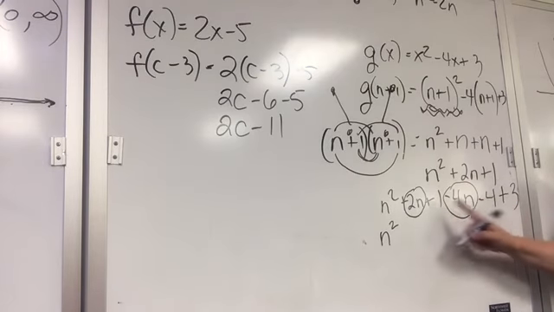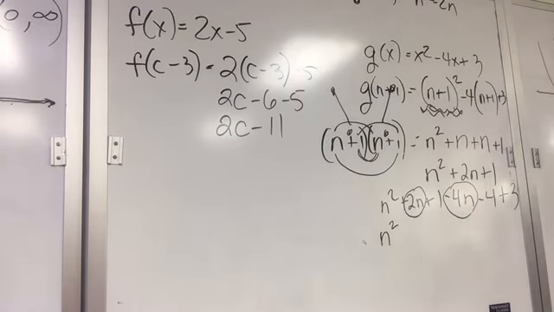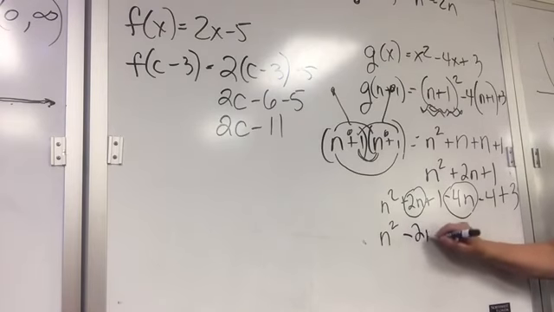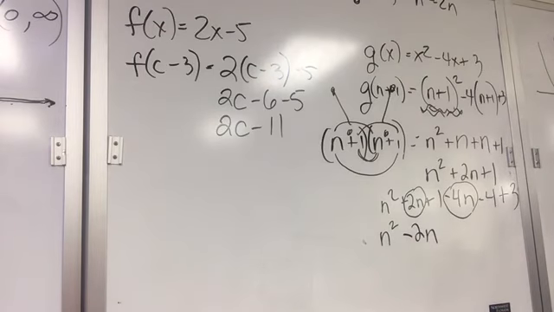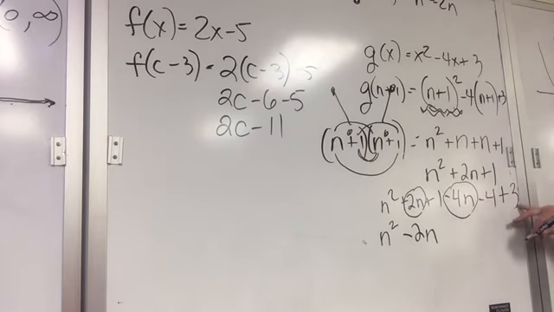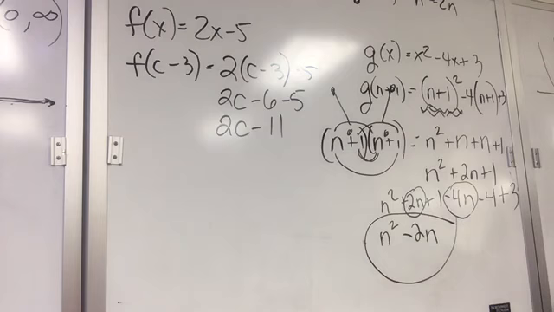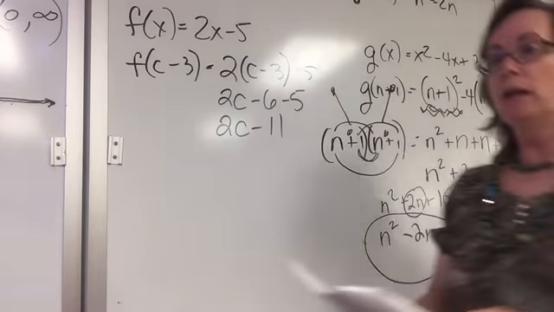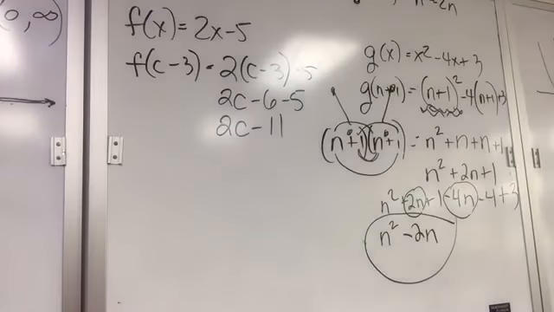So I've got a 2n and a negative 4n, which becomes negative 2n. Then I get a 1, take away a 4, plus a 3. 1 take away 4 is negative 3, plus 3 is 0. So that is my whole answer. You want to work on those and get them down pat so that you are in good shape.